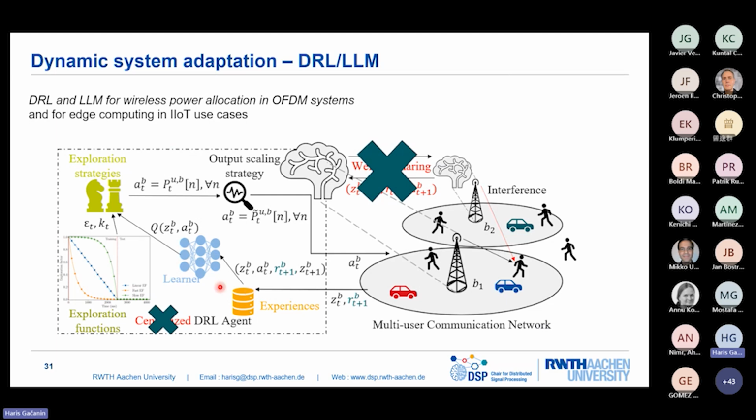If you would place everything in the cloud, you could create an agent at the base station that can control the users below. Or if you look at the multi-agent scenario where you have multiple base stations, then the question is, how do we actually break down this centralization of the DRL agents, and avoid this massive exchange of weights and parameters between the base stations and the cloud?